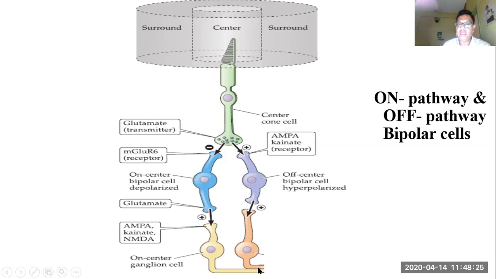So action potential will arise from the on pathway that comprises on-center bipolar cells and on-center ganglion cells in the presence of light. And in the presence of light, the other pathway will be deactivated and there will be no action potential. So you see, the presence of light gives not one kind of signal, as is the case in other photoreceptor pathways, but here two kinds of signals, on and off.